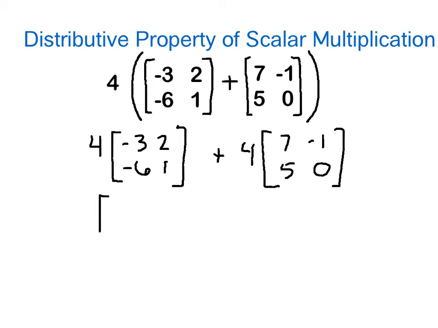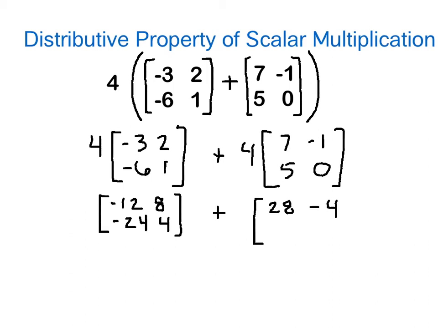And when we do that, we get 4 times -3 is -12, 4 times 2 is 8, 4 times -6 is -24, 4 times 1 is 4. Okay, and we're still adding it to the second one, so let's multiply this 4 through this 2 by 2 matrix. Well, 4 times 7 is 28, 4 times -1 is -4, 4 times 5 is 20, and 4 times 0 is 0.